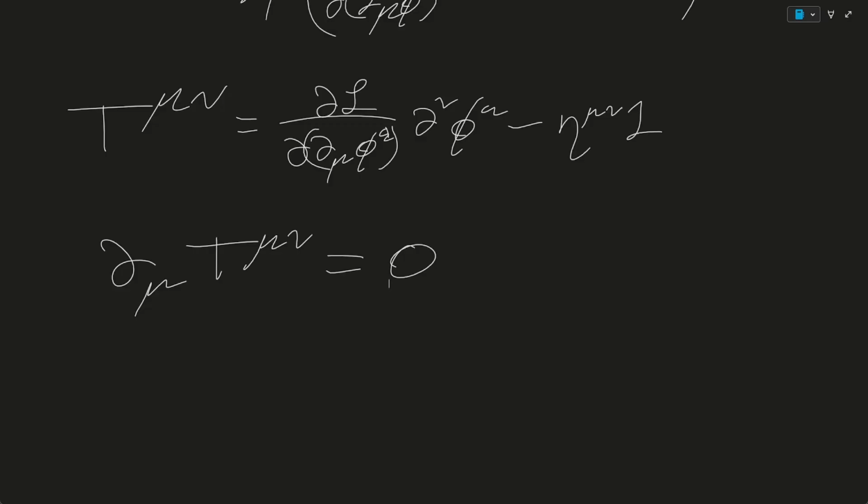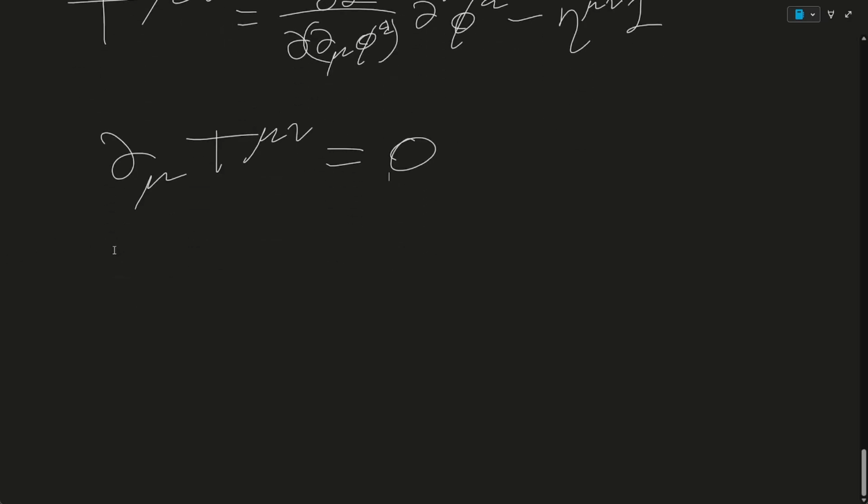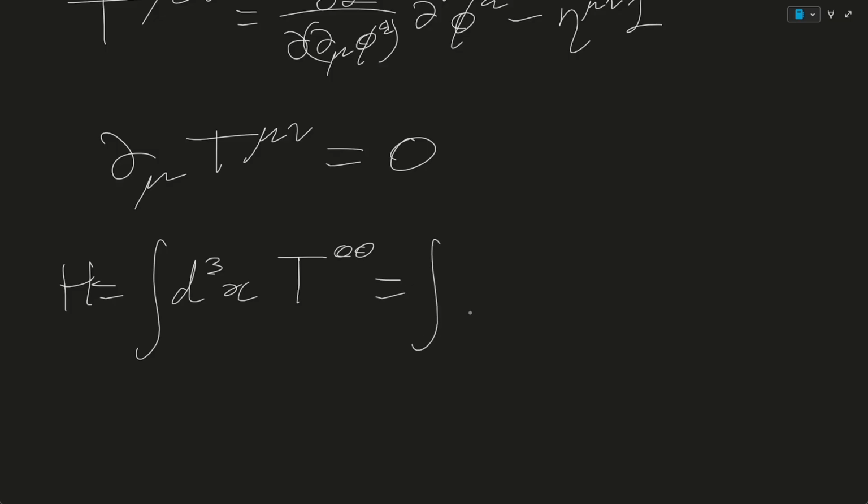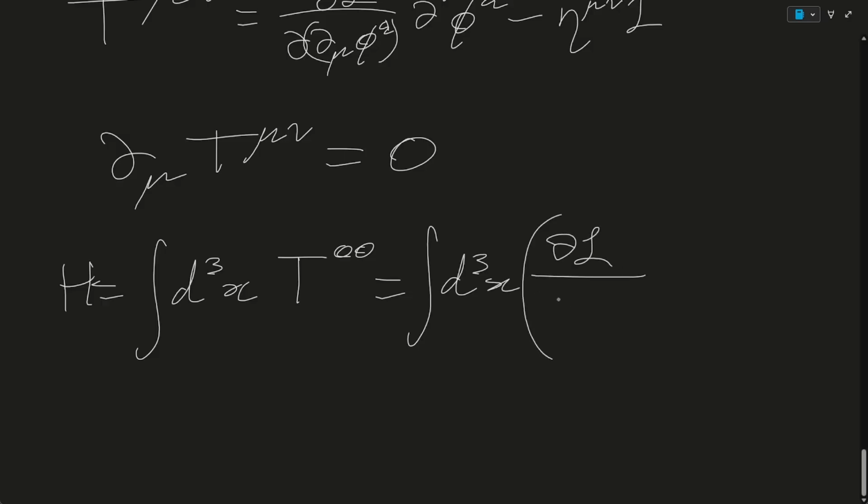So yeah, we can look as well at how this leads to the Hamiltonian. Well, the Hamiltonian is our integral d cubed x of our indices naught naught of the stress energy tensor, which is d cubed x d Lagrangian by d phi dot.